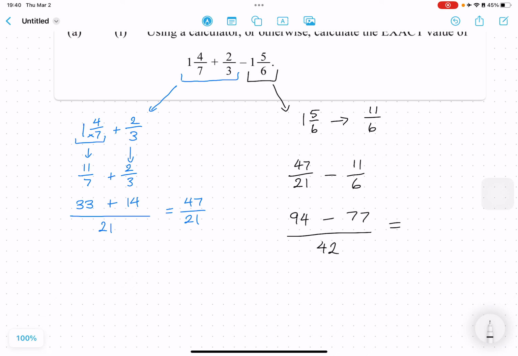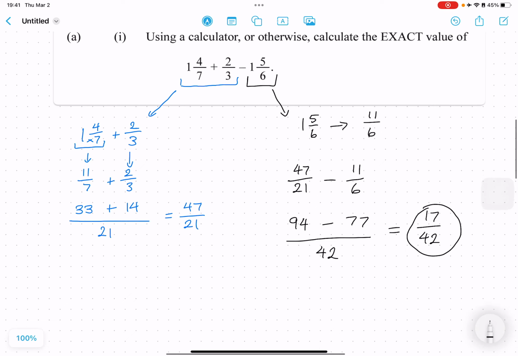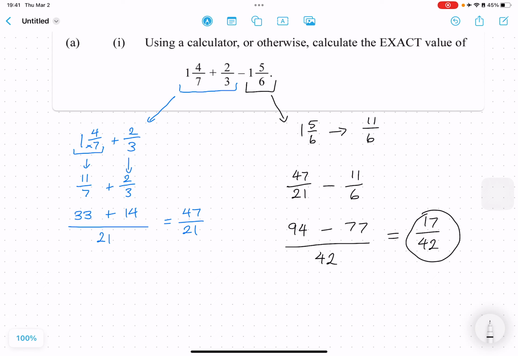And now we minus the 94 and the 77, so that should be 17 over 42. And that will be my final answer, 17 over 42, and that is exact. It doesn't have to look pretty once it's correct. And you can verify this by using your own calculator, and you'll get your answer.